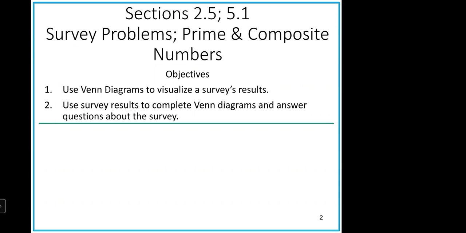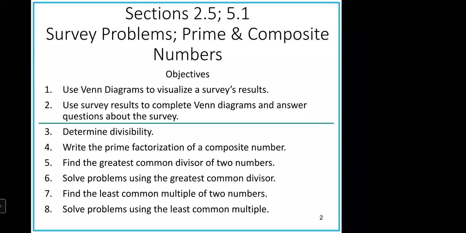Chapter 2 was dealing with sets, and so we're going to finish off that last section with sets, where the focus is still on Venn diagrams. And then for the second section, 5.1, we're dealing with number theory. And so those are the objectives below the line that we're going to be looking at regarding number theory.